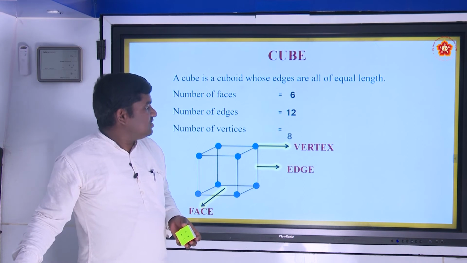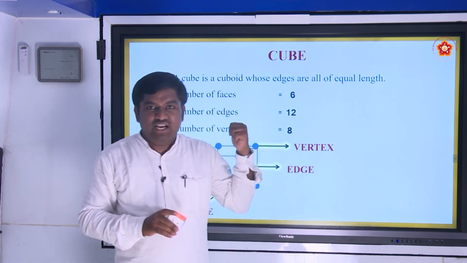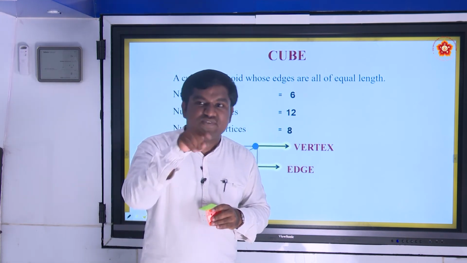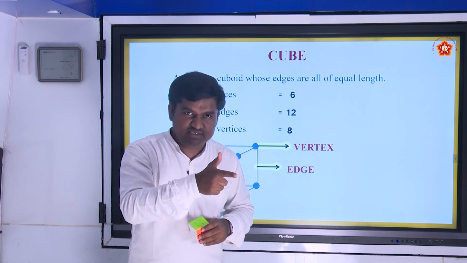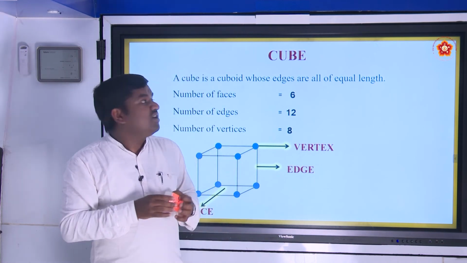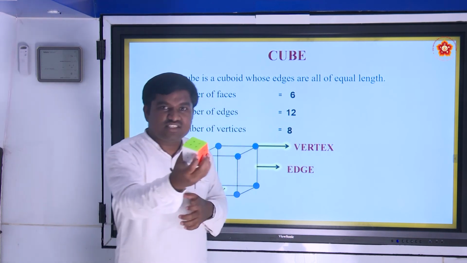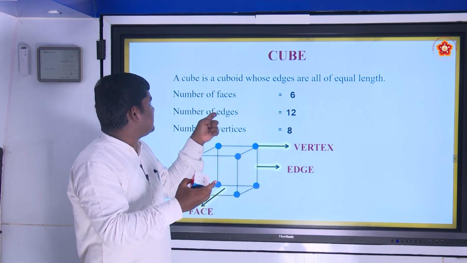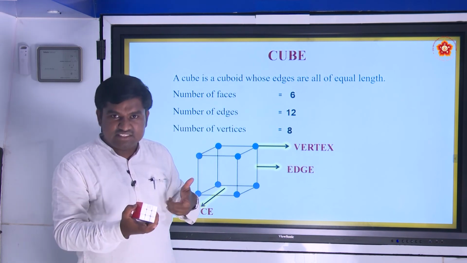Okay. So, I told you at the time of cuboid that a cuboid has 6 faces and 4 edges in each face. And here I told you a cube is also a cuboid, meaning the total number of faces, edges and vertices is the same as a cuboid has.